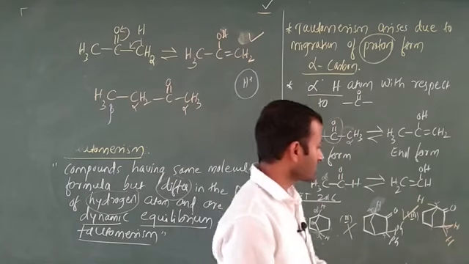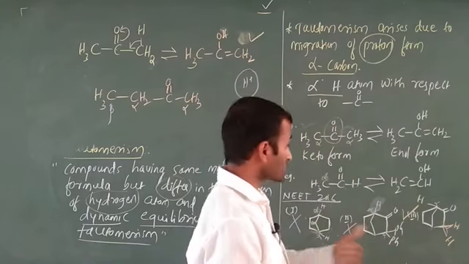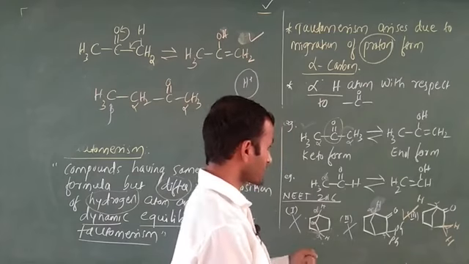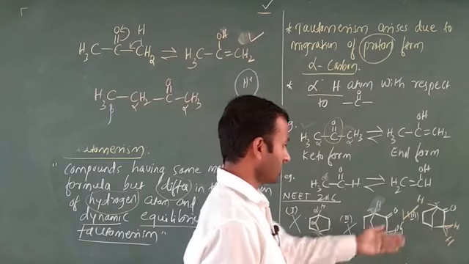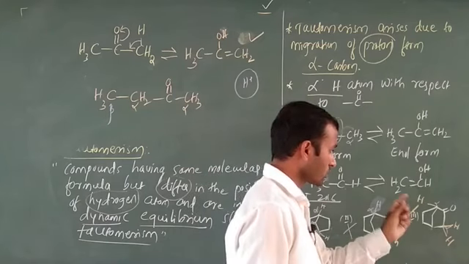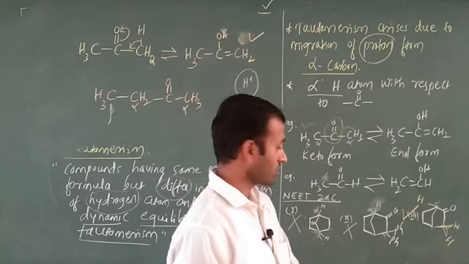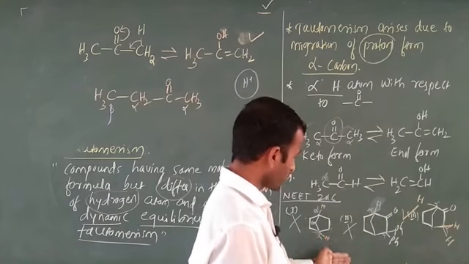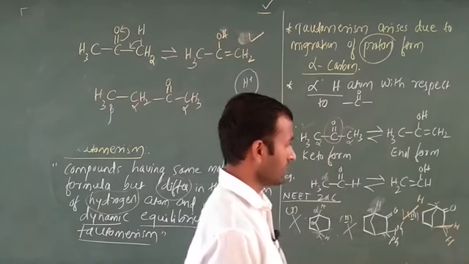In the NEET question, the options are given as third only, first and second only, first and third only, second and third only, like this 4 options A, B, C, D. In that case, third only is the right answer. I did not write the option, but third only is right.